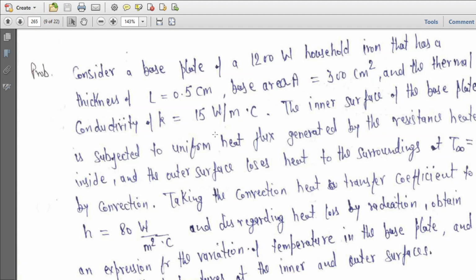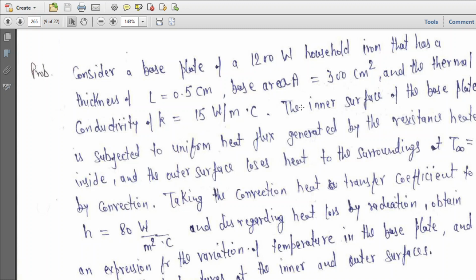So this is the problem statement. Consider a base plate of a 1200 watt household iron that has a thickness of L equal to 0.5 centimeter. Base area is 300 centimeter square and thermal conductivity k equal to 15 watt per meter per degree Celsius.